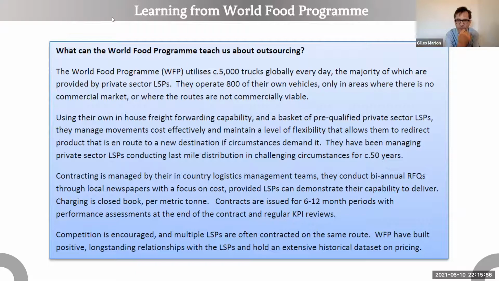They have 800 of those trucks, which are their own vehicles. As a priority, they use them in contexts where, exactly what you said, there is no way you can outsource, because either the companies are not here, or the security is not good enough, or there is no maintenance. So they bring their own resources, but they are extremely skilled at logistics.